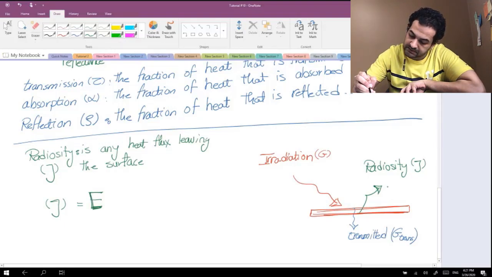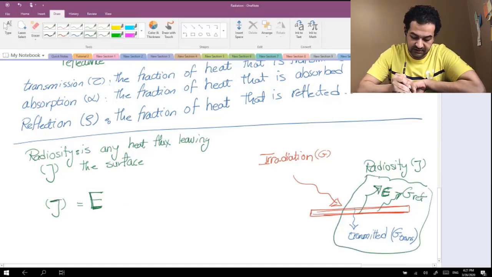So let's say that this is E, and another thing here, G reflected. All of those are radiosity.